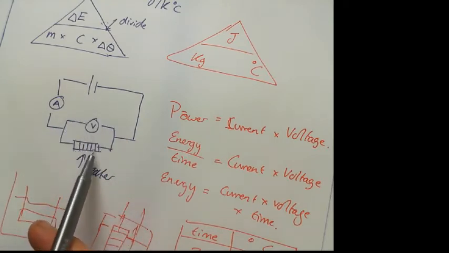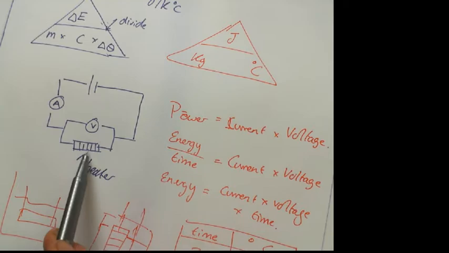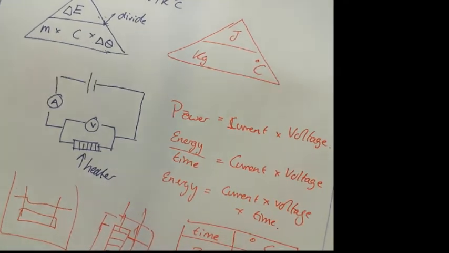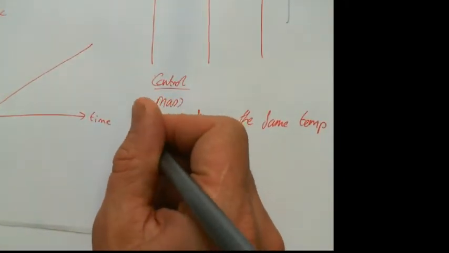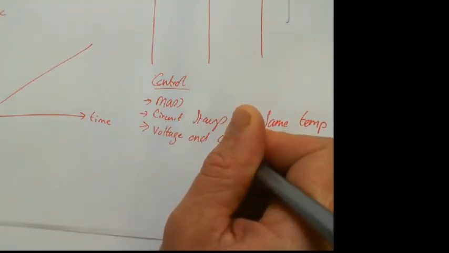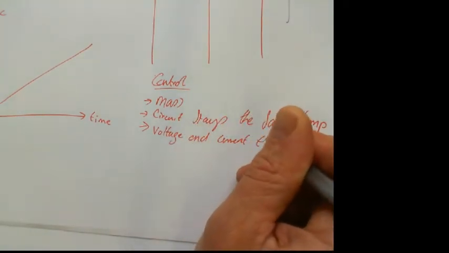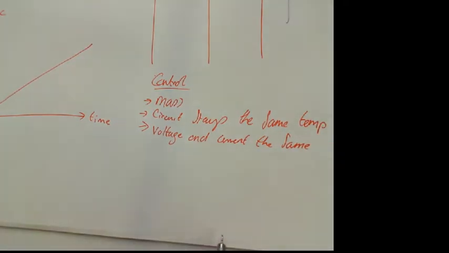Just because you've got a heater here doesn't mean that you should let anything else warm up, because as the heater heats up, and the circuit heats up, the resistance would change, which would change the voltage and the current. You want to keep the voltage and current the same, because that's the rate at which you're providing energy. Okay, they're the things that you want to keep the same.